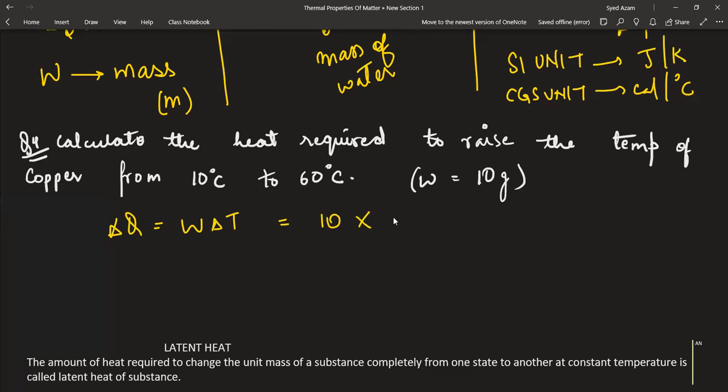So what should be the unit here? Calories. Everything is in CGS: degree Celsius, gram. Change in temperature can be written in any way, but when you're talking about gram, it would be calories. Clear?